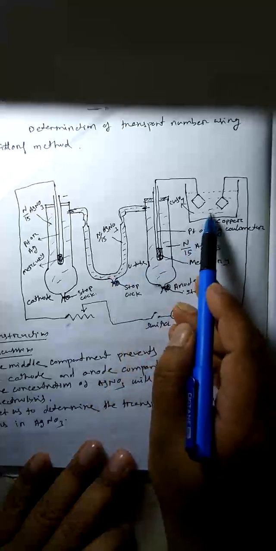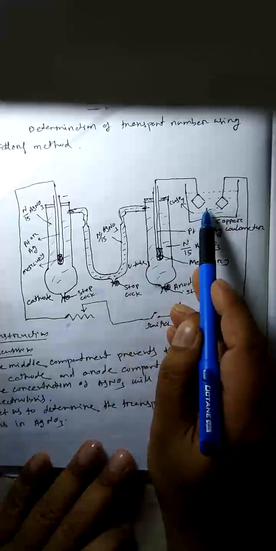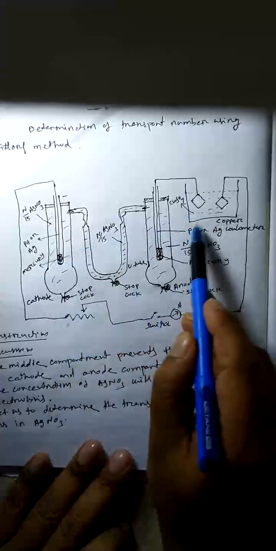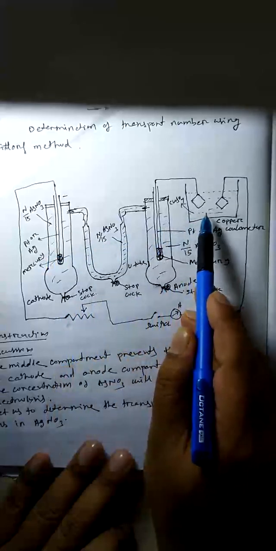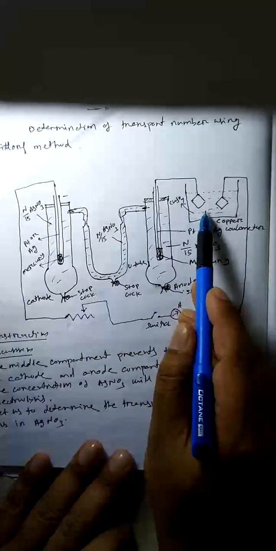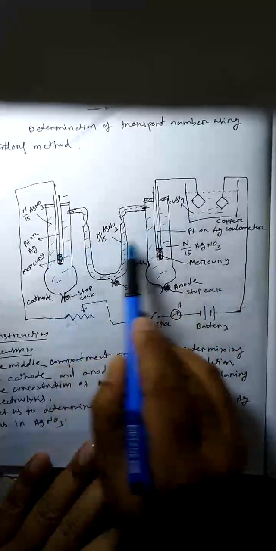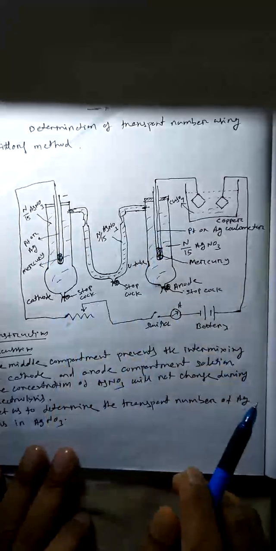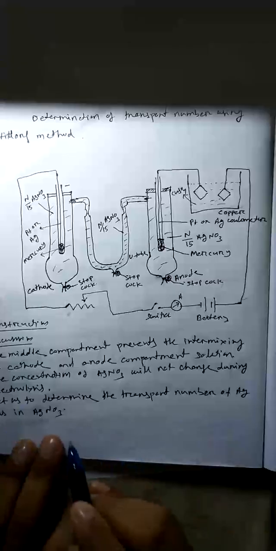And in the coulometer, whatever you take, copper sulfate or silver nitrate, if you take a silver coulometer, it will not harm the experiment. Okay, we want to find out the transport number of silver ion in silver nitrate.